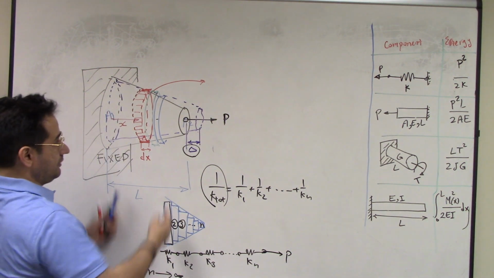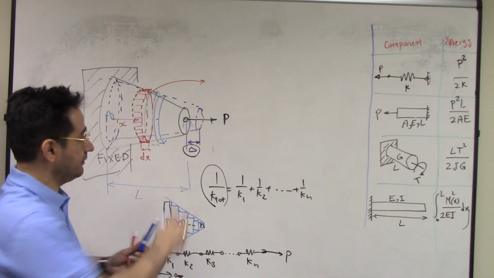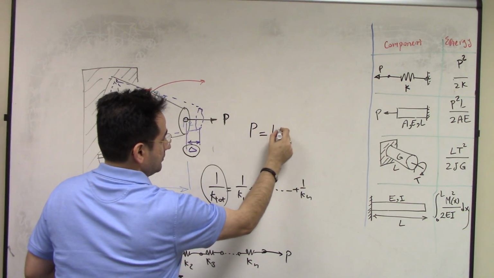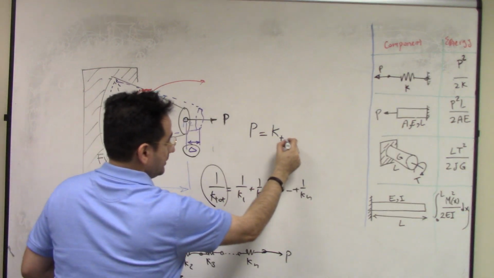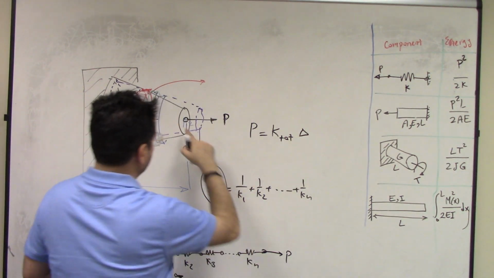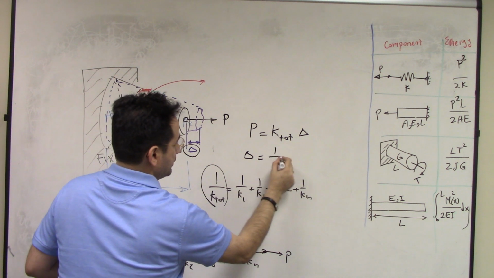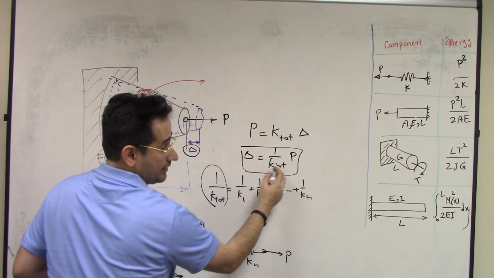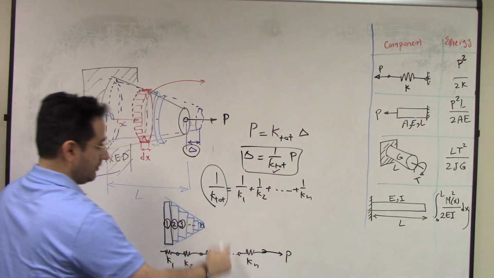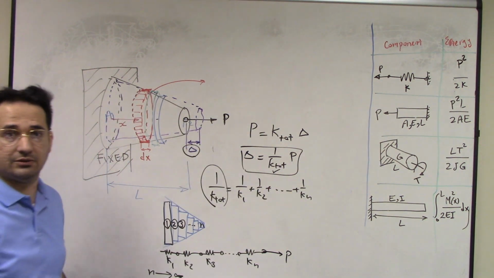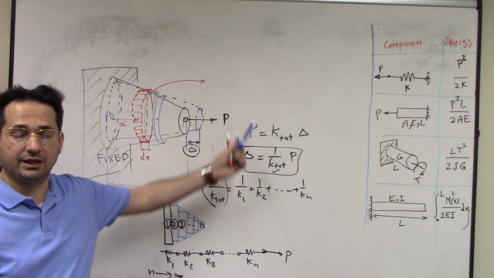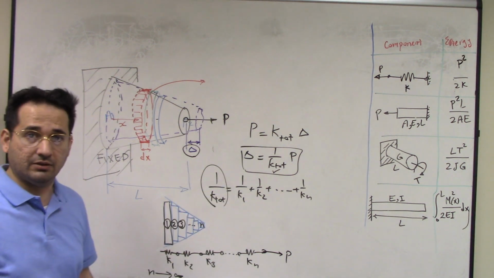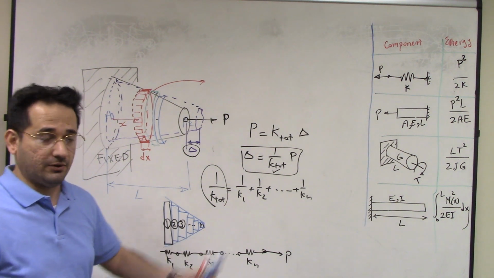Well, if you have the spring constant of the tapered beam, you can find deflection here. What is deflection? Force P is equal to total spring constant times delta. So delta is 1 over K total times P. So if you have this from here, then you can immediately find delta. And it should be exactly equal to the energy method. So this is another approach. I would recommend you try this and find the formula.